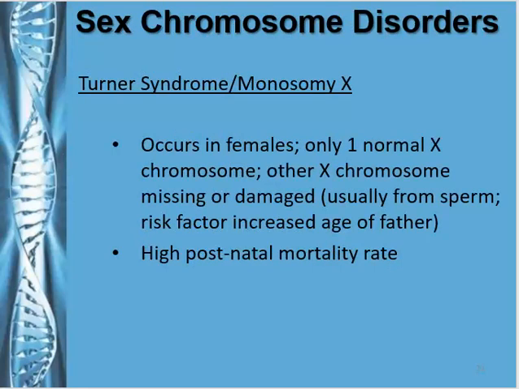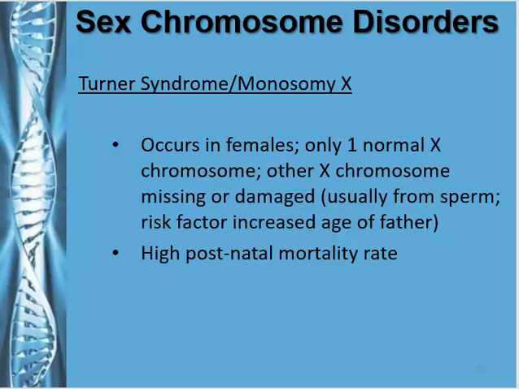Turner syndrome is a monosomy X. So there is no second X or Y. So this person, because the only thing they have is X, is female. It is usually because of a lack of the other chromosome coming from the father.